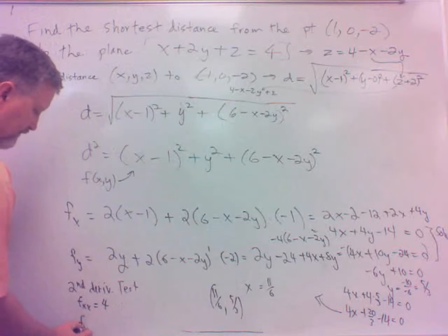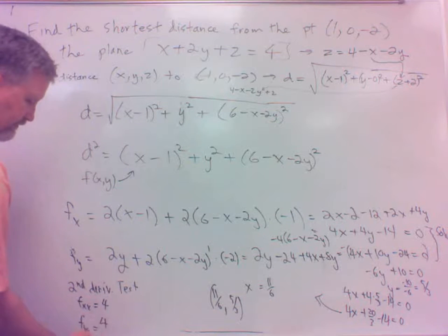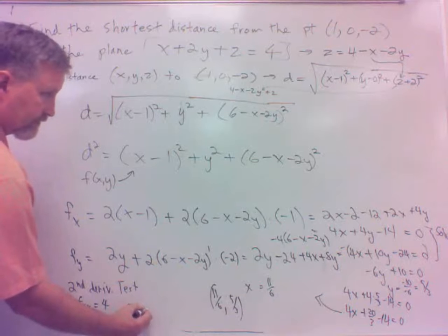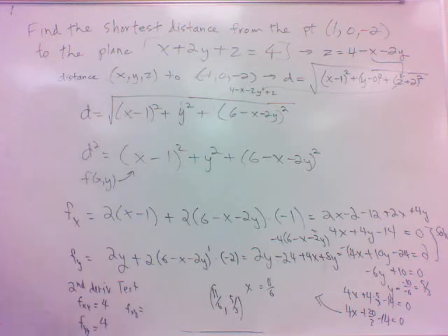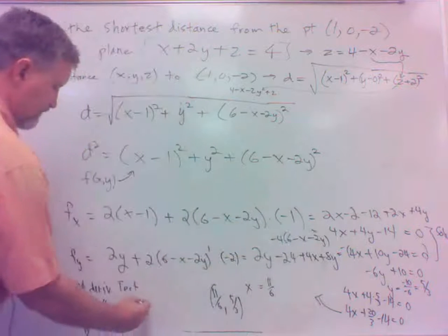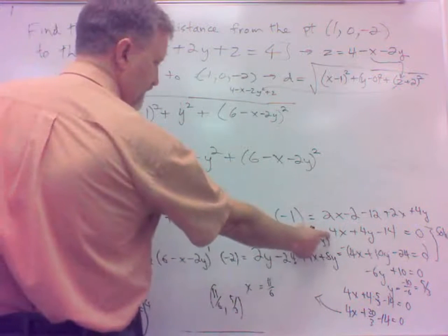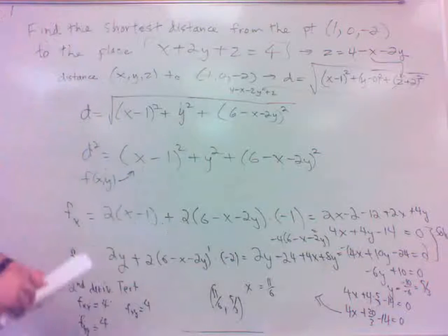Fyy would also be 4. And fxy would be 4, right? It's always 4. Well, so if we did the fx with respect to y, so that would.